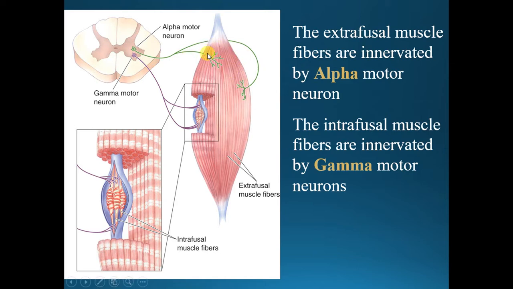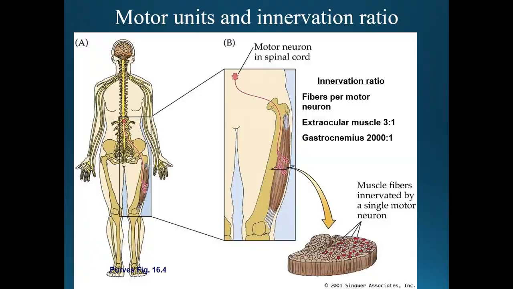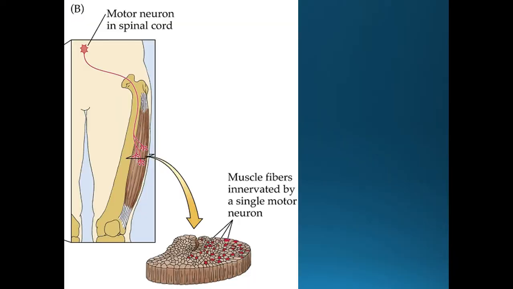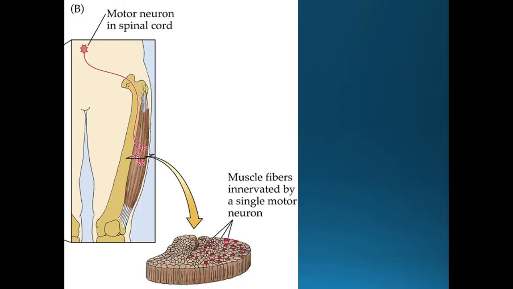As shown in this figure, the alpha motor neuron, a single motor neuron, innervates all the extrafusal muscle fibers. Motor neuron in the spinal cord, muscle fibers innervated by a single motor neuron.